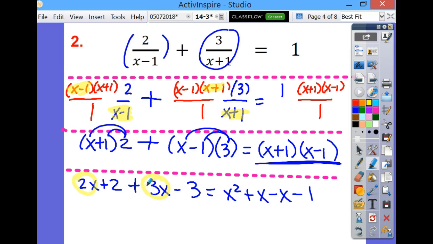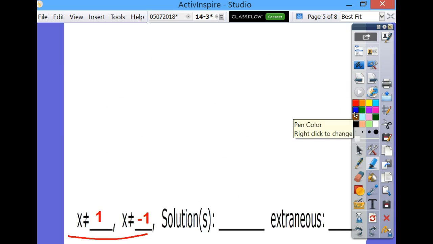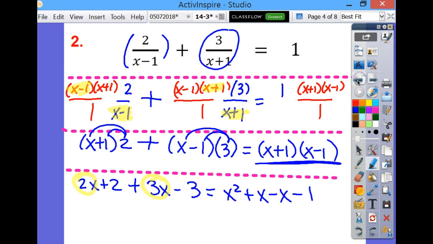I need to combine like terms. What do I get when I combine those? I need to combine those. What do I get when I combine 2 and negative 3?